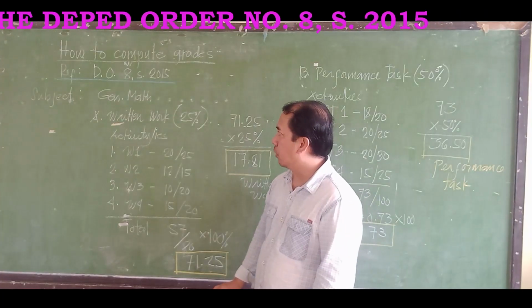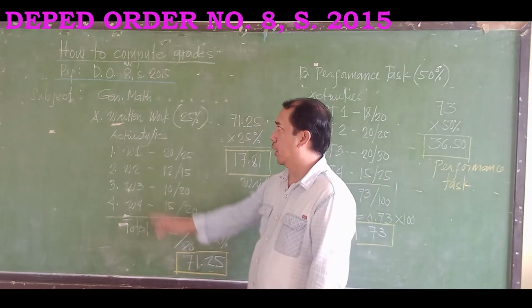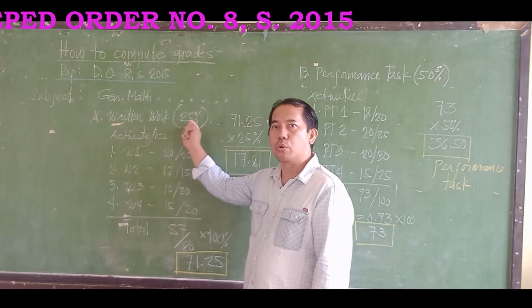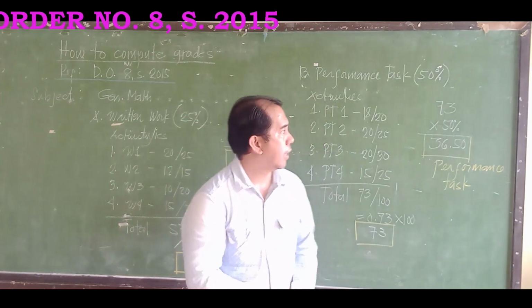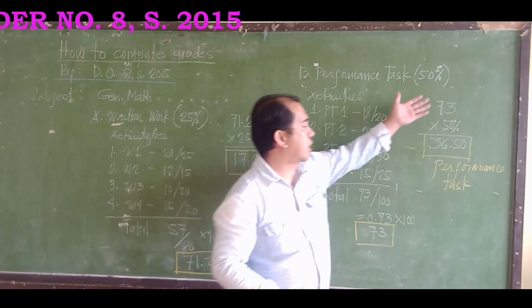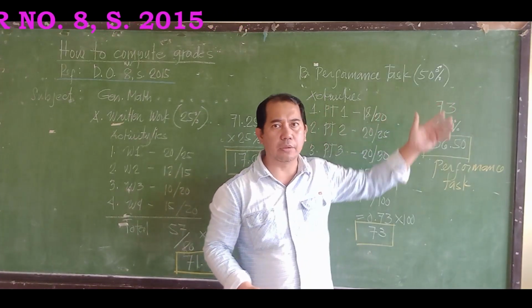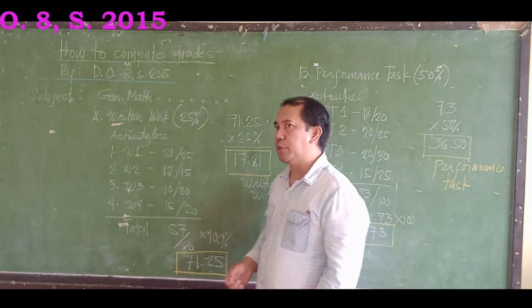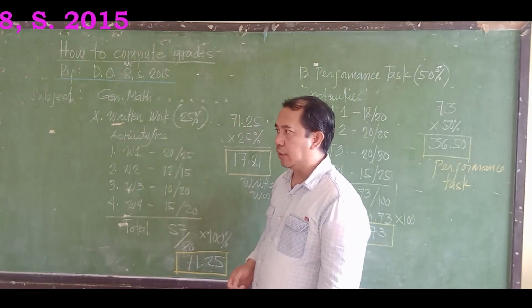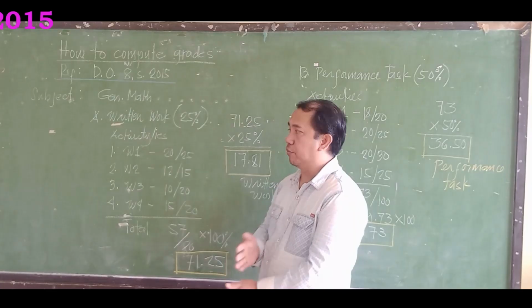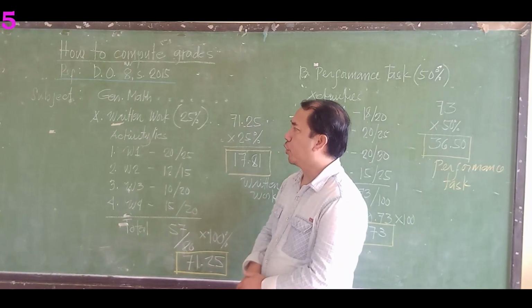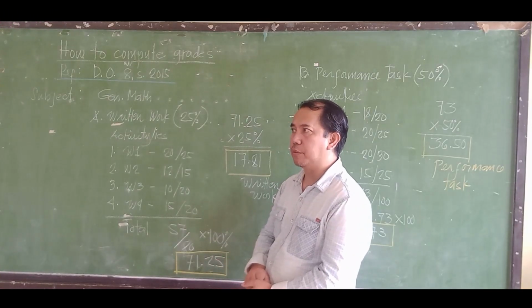For the written work, considering General Math is a core subject, it is 25%. At the same time, performance task is 25%. It follows that the periodical test, quarterly test, or quarter exam is 25%. Now, how do we compute for the grade?